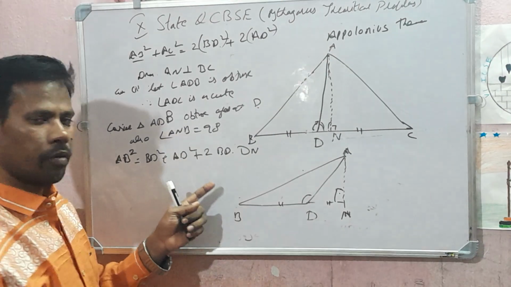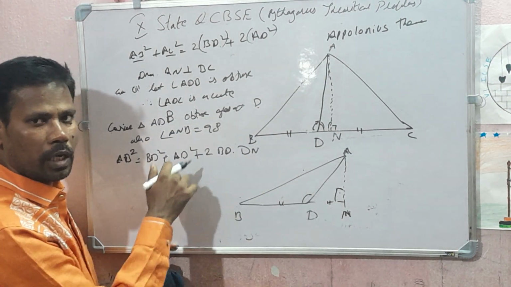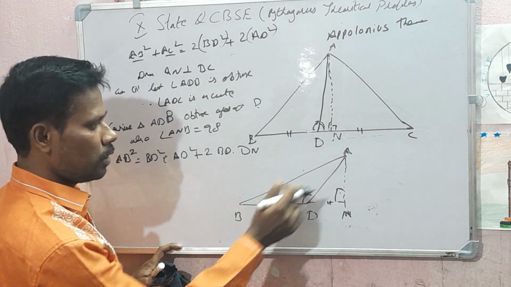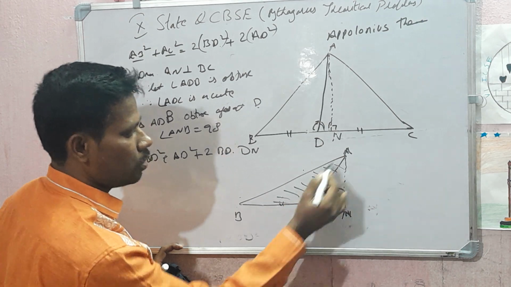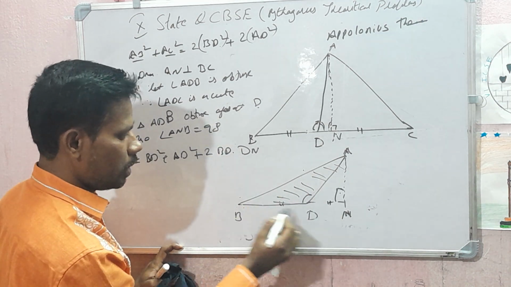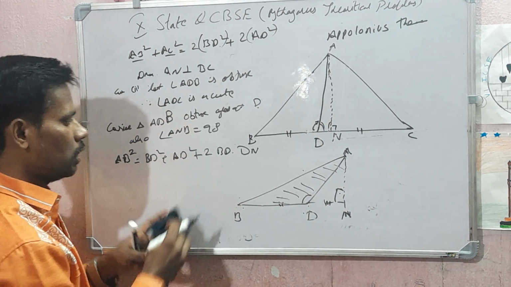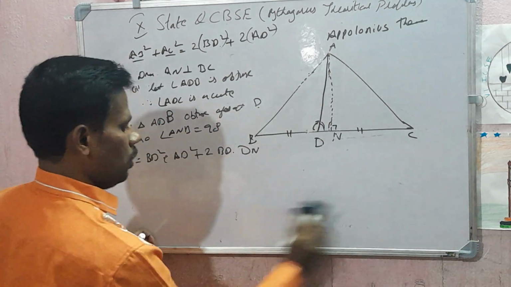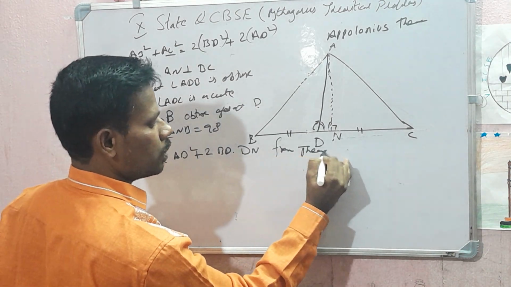So are you following? Again I am saying we are following from the case 1 proof, the first problem which I have proved. Since this is the obtuse angle, AB square is equal to BD square plus AD square plus twice the product of these two, right? From the theorem you can write.